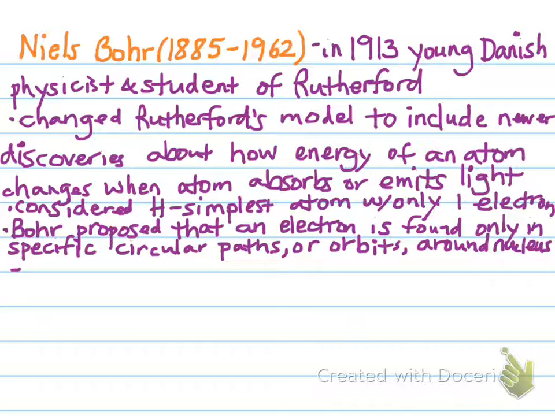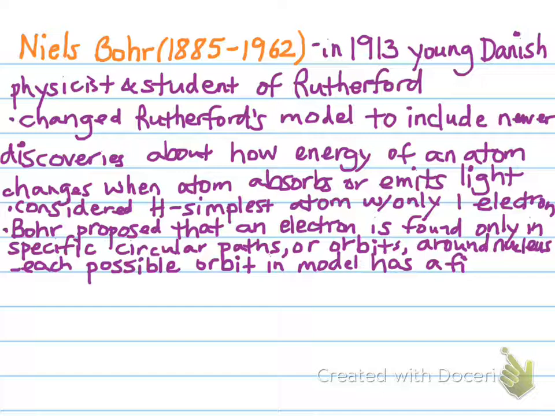And he says that each possible orbit in the model has a fixed energy. So all he means by that is when this electron is in a specific path on one of these orbits, it has a certain amount of energy associated with it.